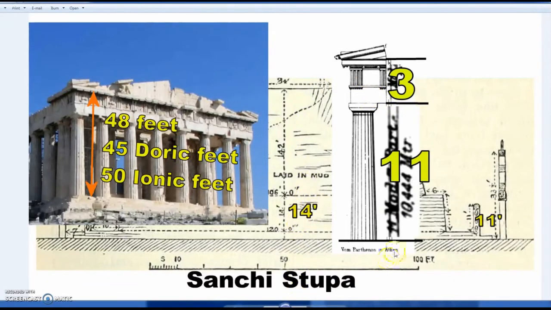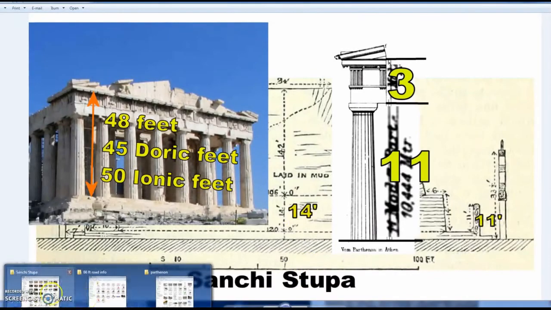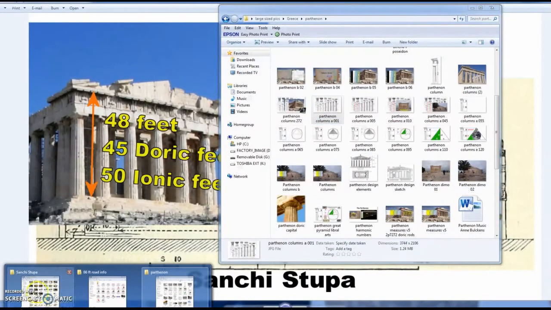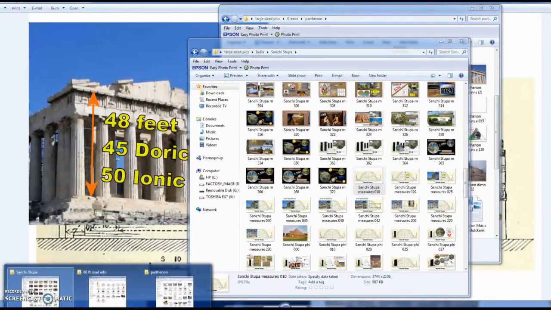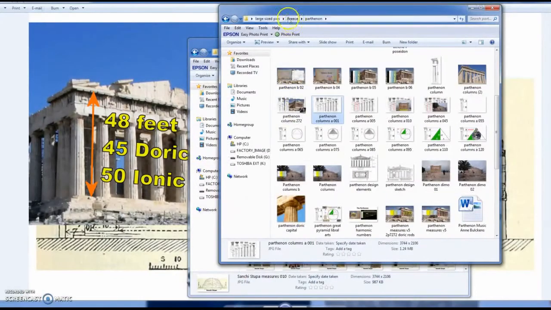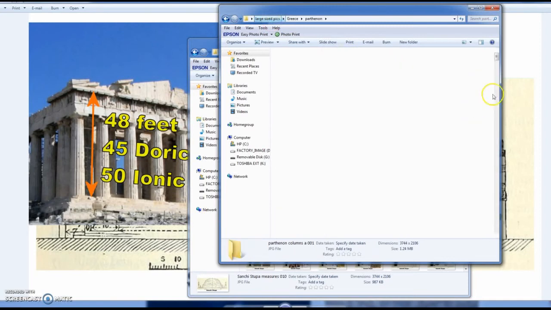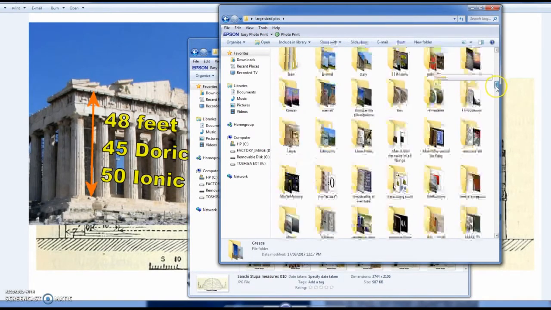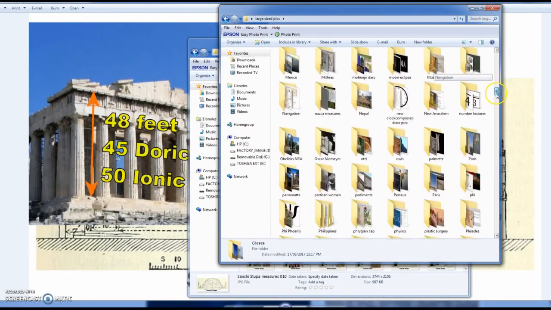Another interesting point, okay, bring me up. I might have failed to mention it in the last video, so I'll just bring it up in regards to proportion and the laying out of temple plans.